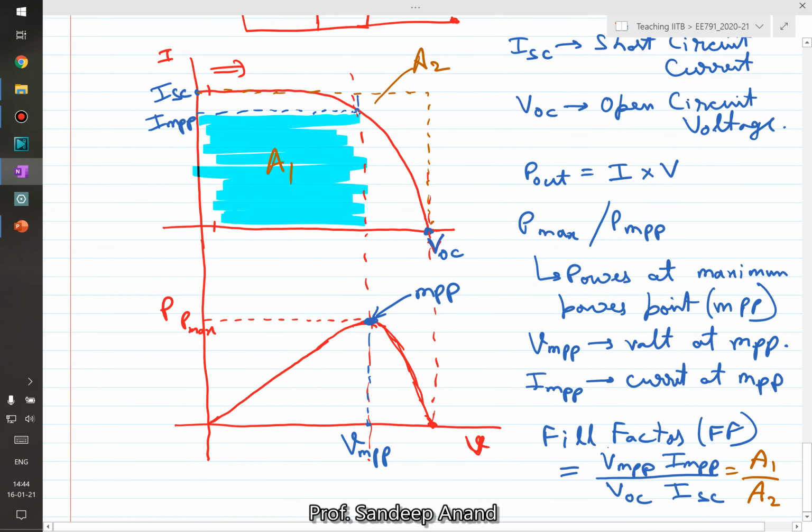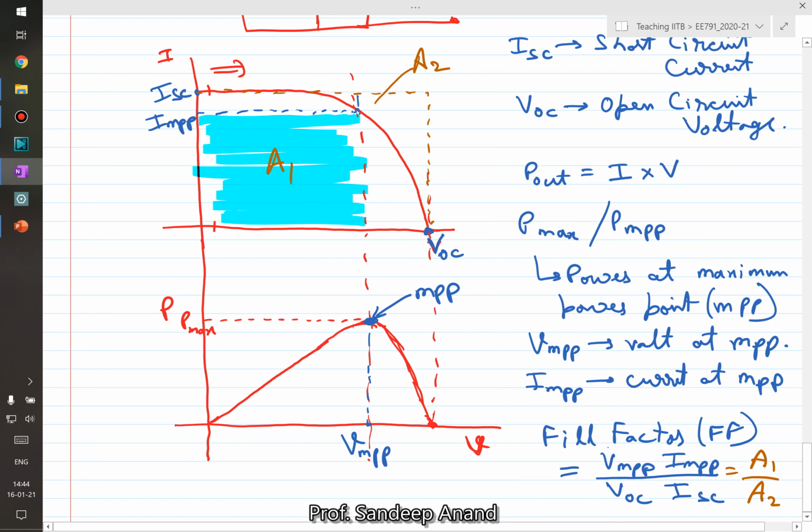So why is fill factor so important? I can understand open circuit voltage is important. Fill factor has relevance because it signifies how much of the short circuit current and open circuit voltage capabilities are actually being used in producing power.